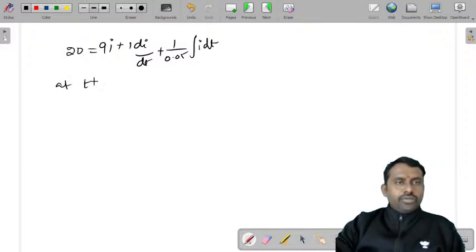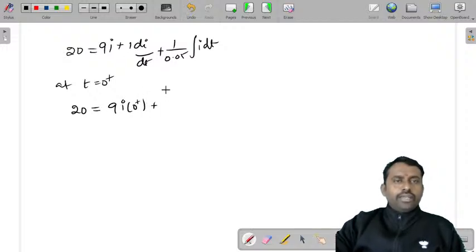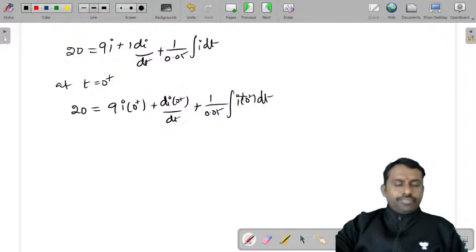At t = 0+, 20 = 9 I(0+) + di(0+)/dt + (1/0.05)∫I(0+) dt.